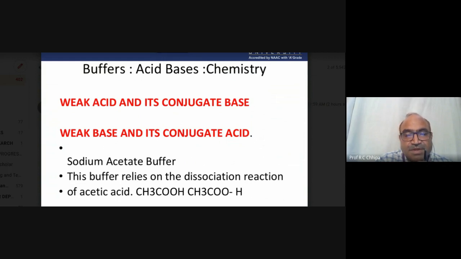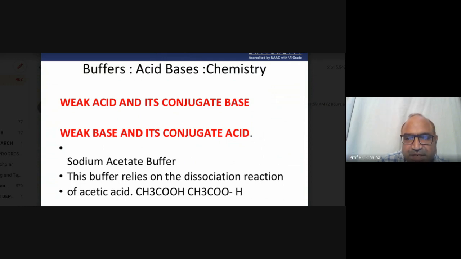So acetic acid and its conjugate base, sodium acetate. The conjugate base of acetic acid is acetate. So a weak acid and its conjugate base are there: acetic acid with sodium acetate.